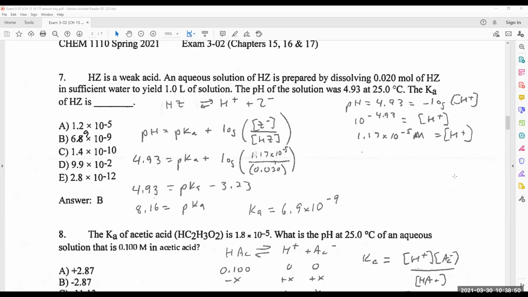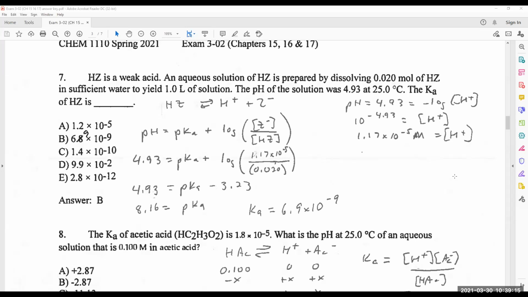And then we can use the Henderson-Hasselbalch equation. pH equals pKa plus log of, in this case, Z minus divided by HZ. Then we can look at our relationship and we see for every mole of H plus that we form, we're going to form 1 mole of Z minus.